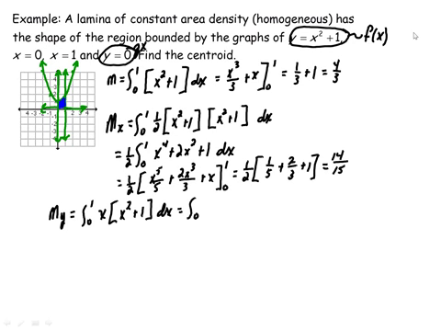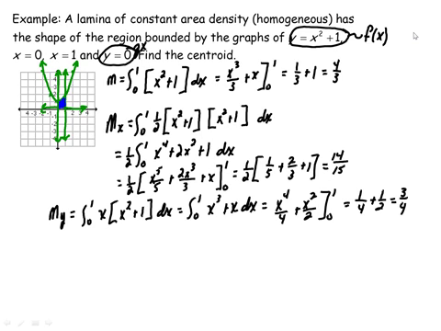So we're going to have the integral from 0 to 1, distribute your x, and so we'll have x to the 3rd plus x dx. Actually do your integration, so we'll have x to the 4th over 4 plus x squared over 2 integrated from 0 to 1. Plug it in, and you're going to have 1/4 plus 1/2, which is 3/4.